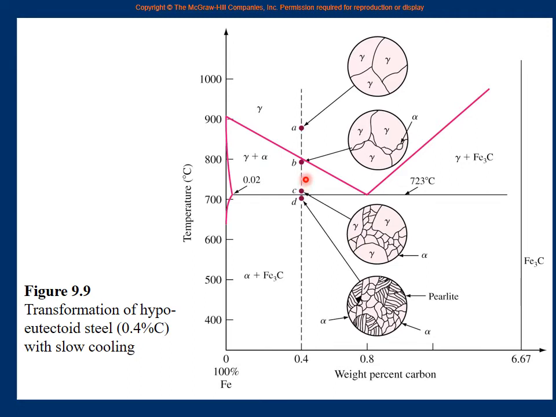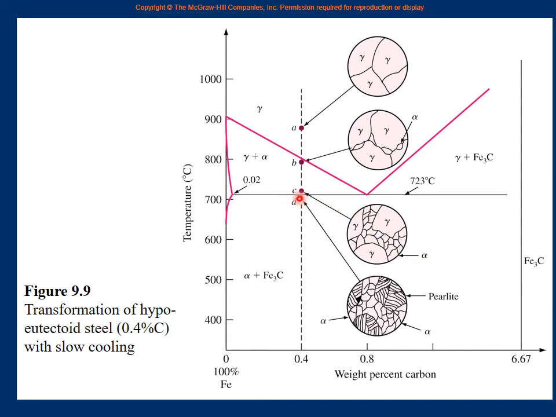Now very correctly, this alpha is the pro-eutectoid alpha, because it is the alpha formed above 723, right? So at any point, whatever alpha you show in your diagram here, this is the pro-eutectoid alpha.